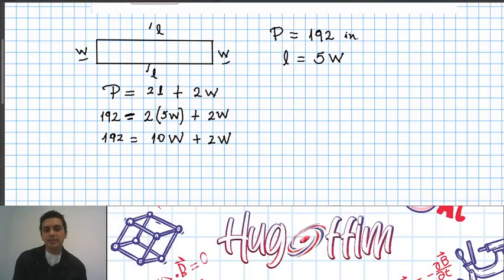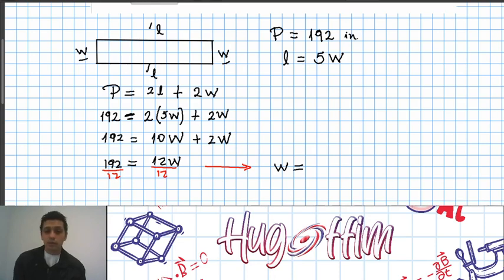So in this case, 10W plus 2W is going to be 12W equals 192. And I just need to divide by 12 both sides of the equation to have my answer. So my width is going to be 192 divided by 12.